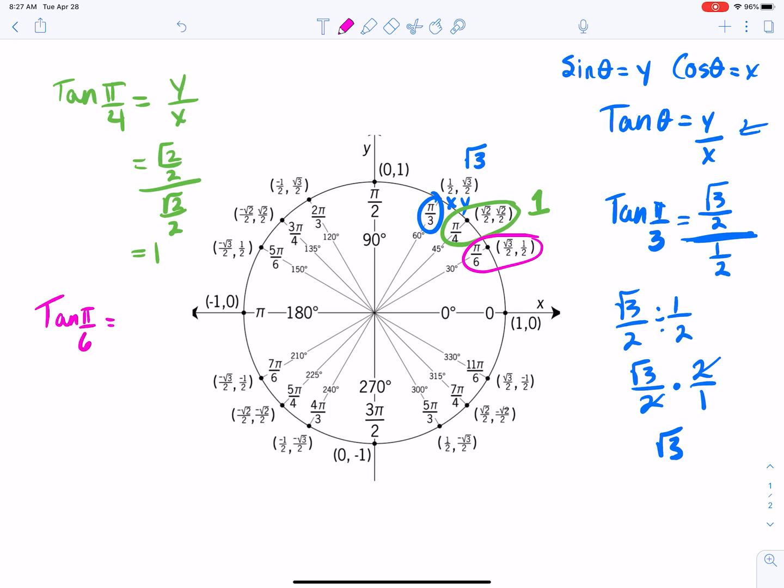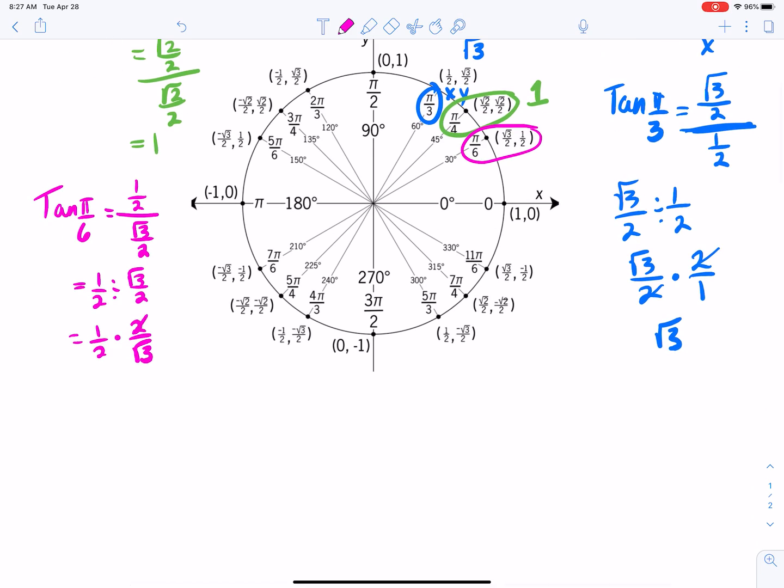That is equal to y over x, which is 1/2 divided by root 3 over 2, which is 1/2 times 2 over root 3. And again, these two simplify, so that's equal to 1 over root 3, or if it's rationalized, it is root 3 over 3.